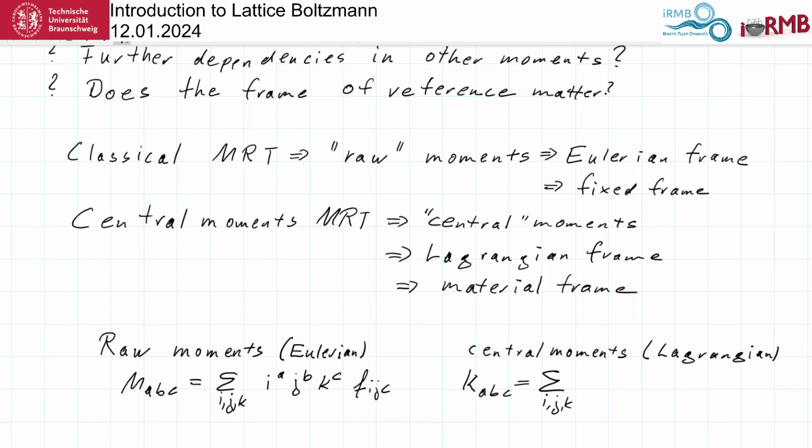And now, instead of using these velocity indices, which are the position in the velocity lattice, we use i minus u_x, where i is the velocity index in x direction, and because we have to normalize this to the lattice velocity, we divide it by the lattice velocity, which unfortunately is also called c.